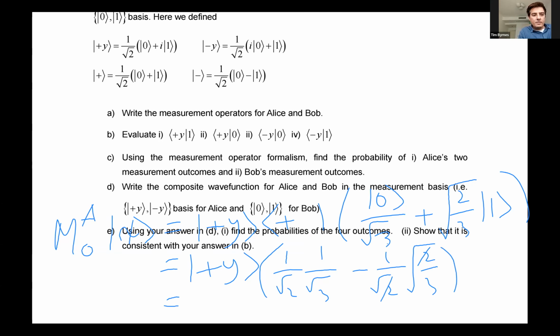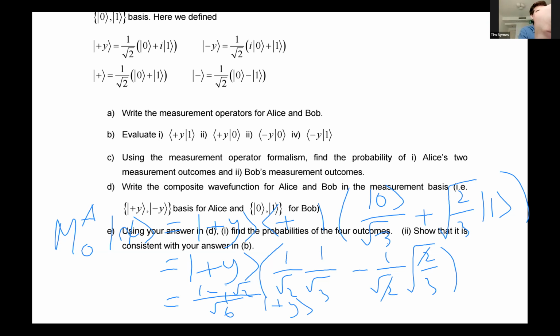I don't know, maybe, yeah, I can't think of a simpler way to write it than i root 2 over root 6 times plus Y. Yeah. So that's the unnormalized state.